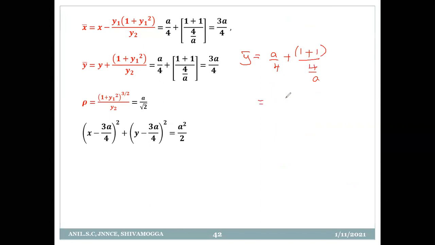This is equal to a by 4 plus 1 plus 1 is 2 divided by 4 by a. And 2 by 4 can be written as 1 by 2. This is equal to a by 4 plus, again we get a by 2 here. A by 4 plus a by 2 is 3a divided by 4. This is the y coordinate of the center.